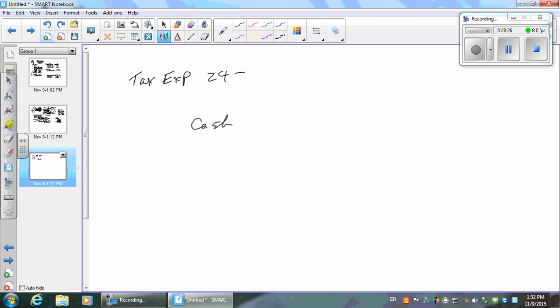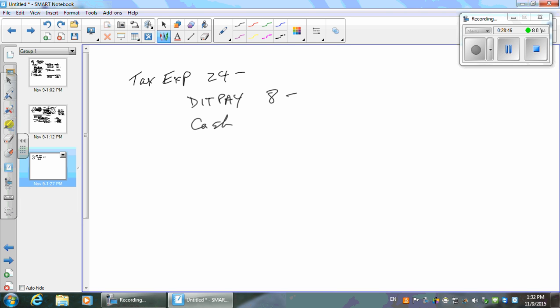What happened to it? It went up by 8, didn't it? Whoops, deferred income tax went up by 8. So what I've got is an 8 credit to deferred income tax payable. So how much cash should I pay?